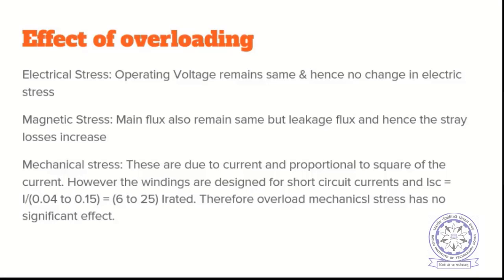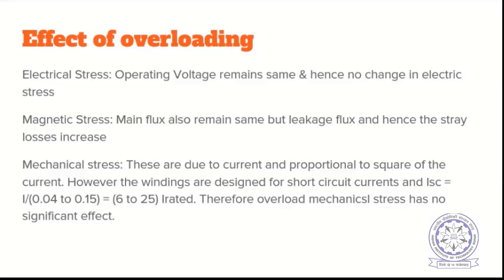Flux will remain constant because on the secondary side, if the current is increasing, then on the primary side automatically the current will increase and that will maintain the flux. Yeah, equal and opposite fluxes will be generated, right? So only that magnetizing flux will be there always in the transformer.